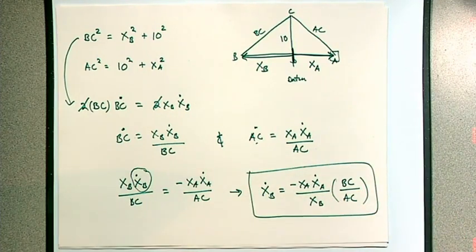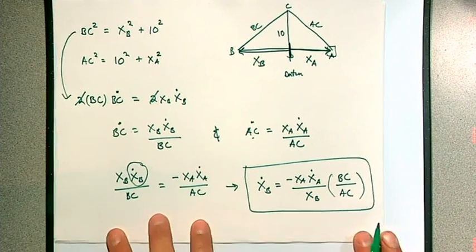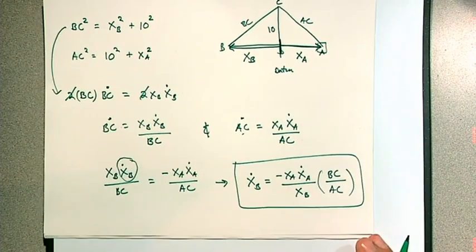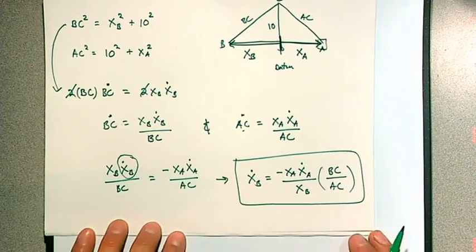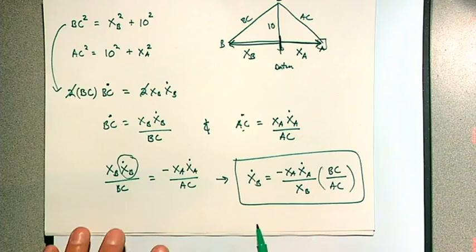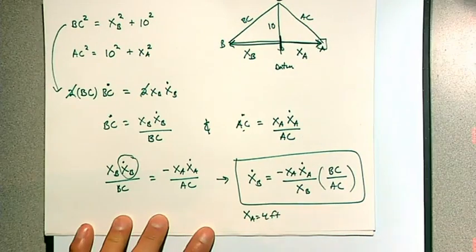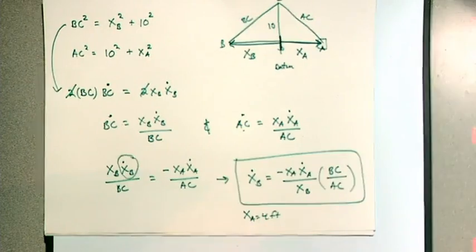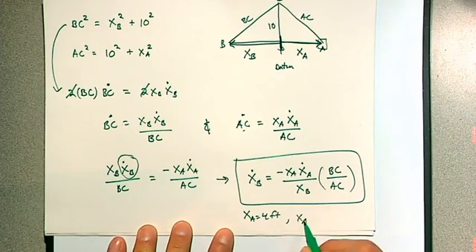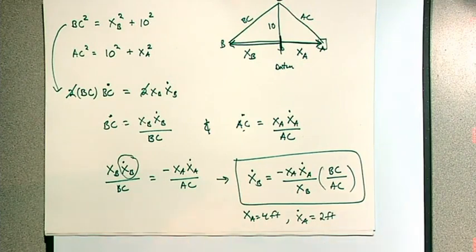Whole lot of work. We know a lot of this stuff, though. So we know XA is 4 feet, given to us in the problem statement. XA dot, moving to the right at 2 feet per second.